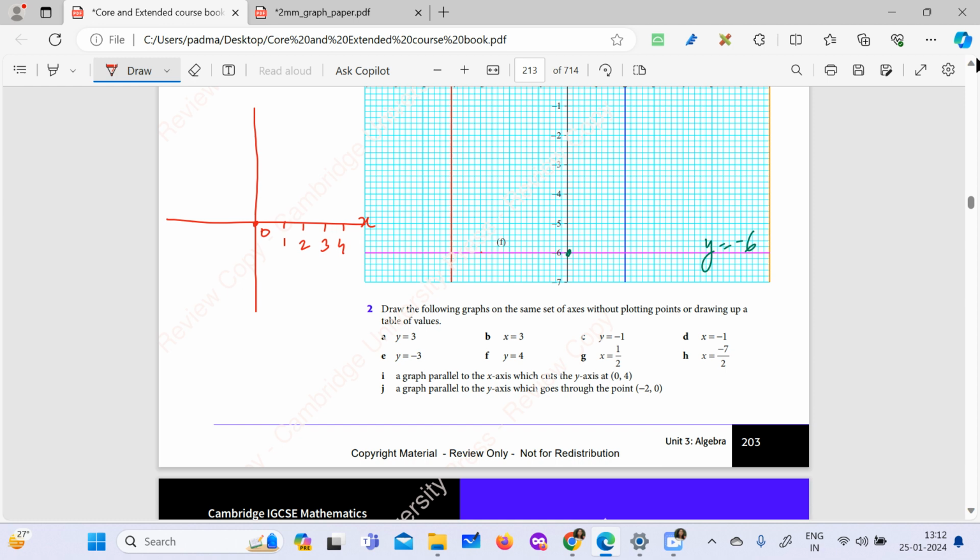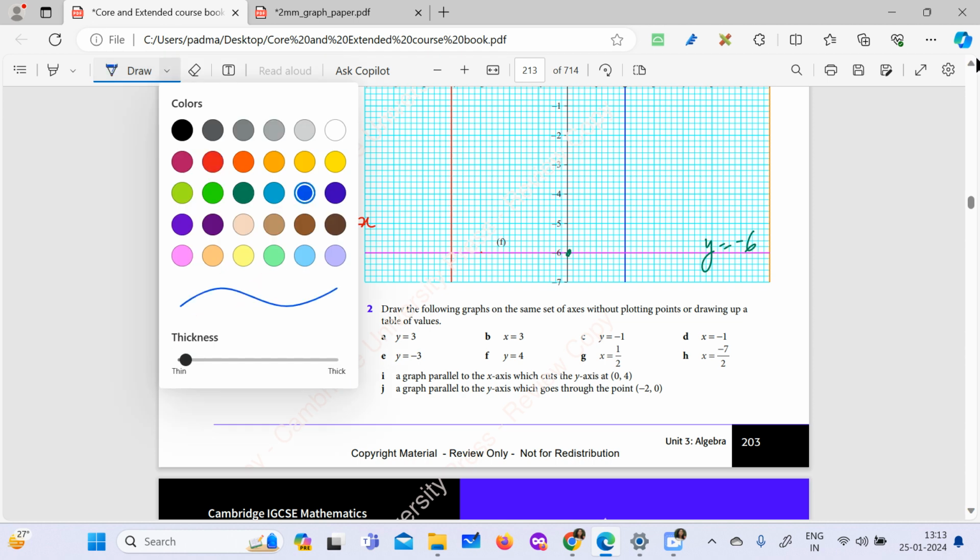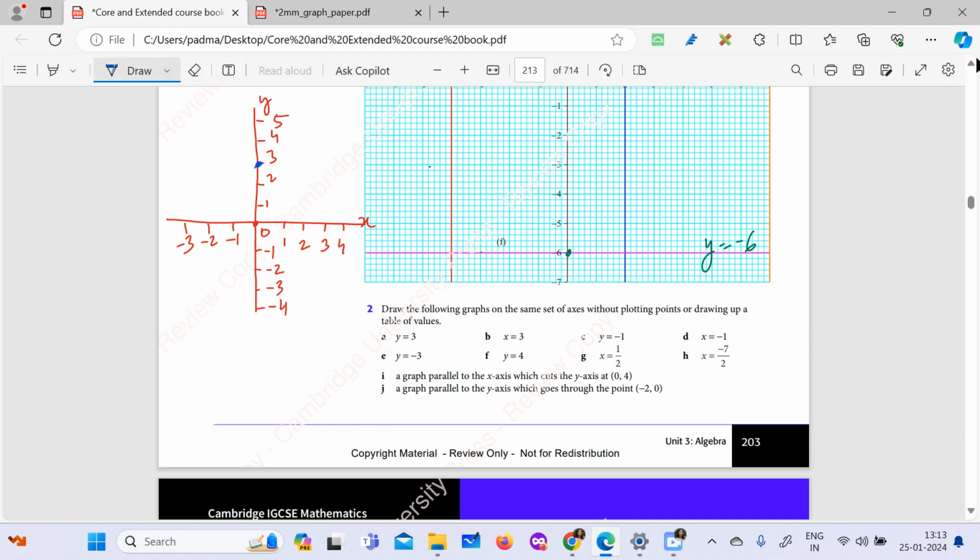This is my x-axis and this is negative on the x-axis, and this is my y-axis. And here we have the negative of the y-axis. Here it says y is equal to 3. So I will plot here y is equal to 3. On the y-axis this is 3. So I will draw one straight line like this and I will write this as y is equal to 3.